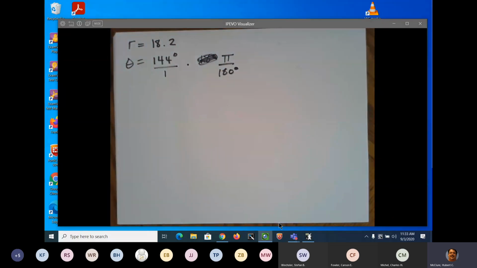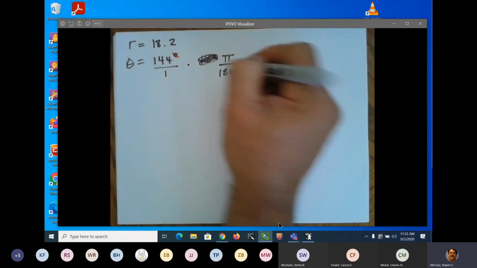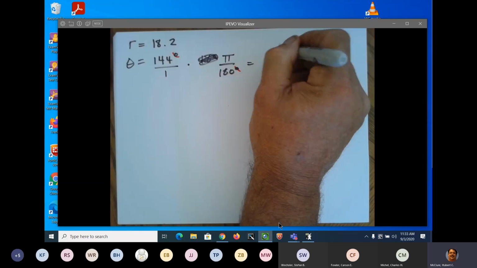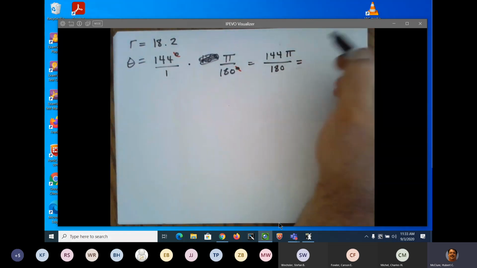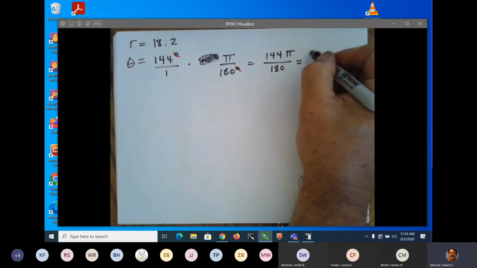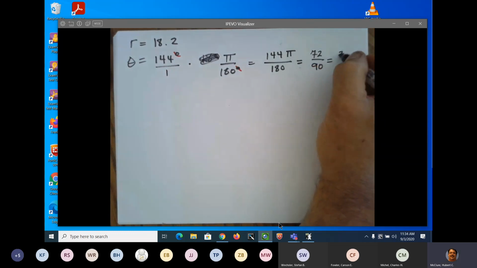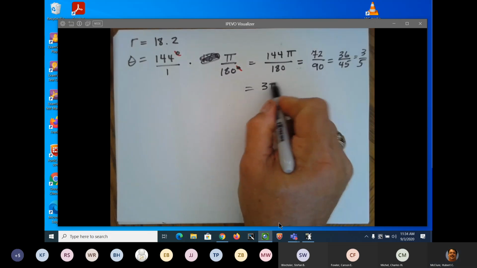And I know my degrees cancel. That's why I put 180 on the bottom. We talked about that last class. So now I just got to reduce it. That's 144 pi over 180. Well, I know 2 will go in there. That's 72 over 90. And that's 36 over 45. And 9 will go in there, so that's 4 over 5.